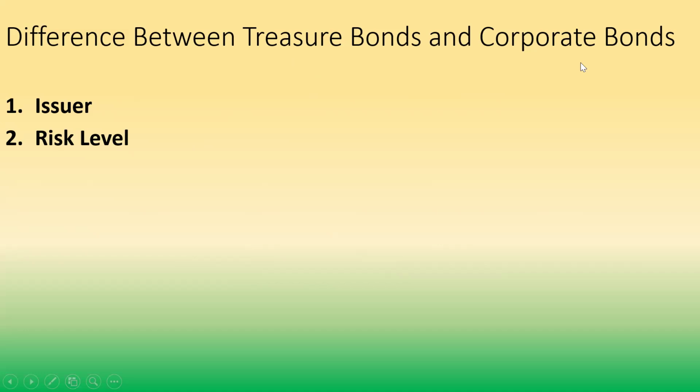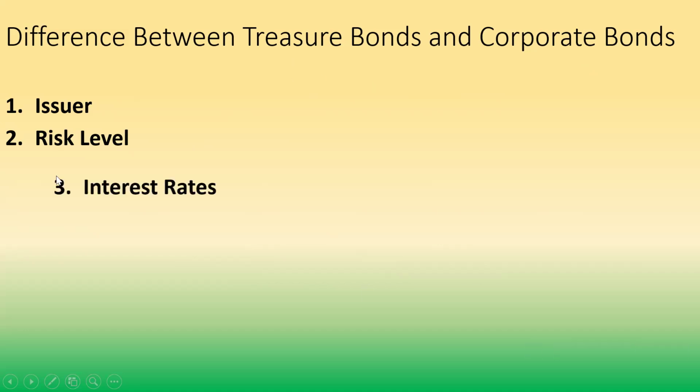High risk means high yield or high return, whereas low risk means low yield or low return. So generally, the risk level is higher in corporate bonds as compared to T bills or treasury bonds.